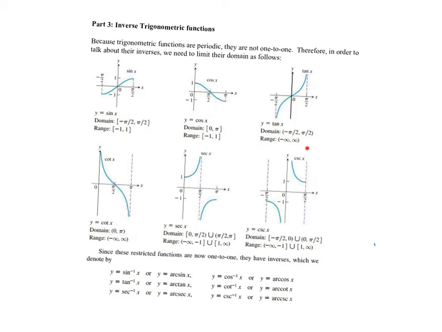Tangent goes from -pi/2 to pi/2, and the range goes from -infinity to infinity. Again, we're cutting off the domain so that we can then have a one-to-one function, and we can talk about tangent inverse. Less commonly used are cotangent, secant, and cosecant, but the information's here in case you need it.